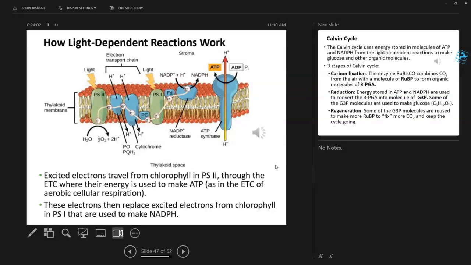But anyway, so you see light coming in. These are molecules of chlorophyll that absorb light, and the atoms in the chlorophyll have electrons in them, like all atoms, and so these electrons are energized by the light energy.